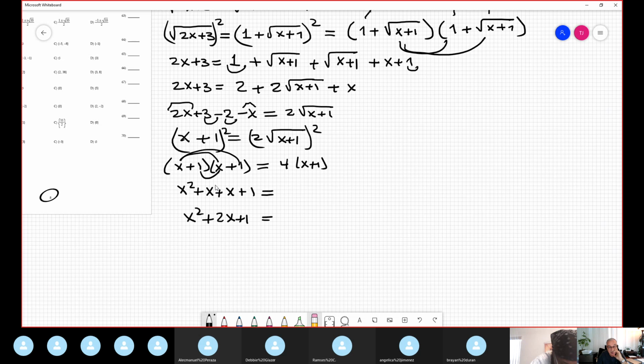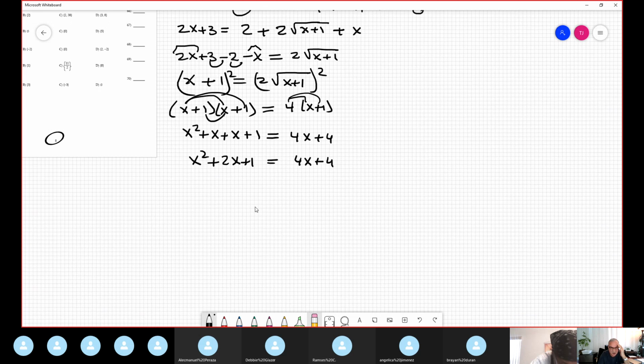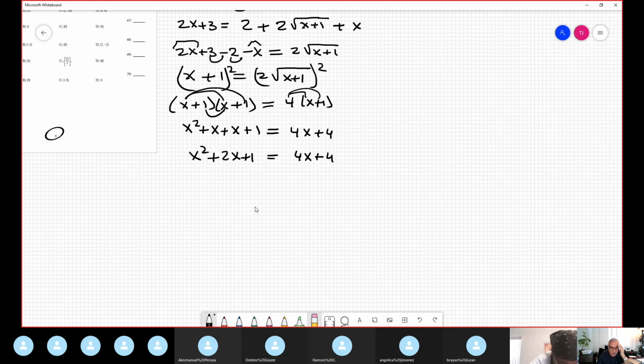Because this is squared, it eliminates the radical. And you distribute it, it's 4x plus 4. Again, I realize que it's a quadratic equation. I put it in standard form to see more clearly. You have x squared plus 2x plus 1 minus 4x minus 4 equal to 0.